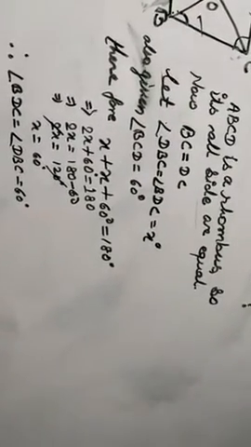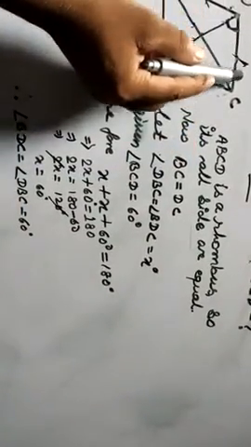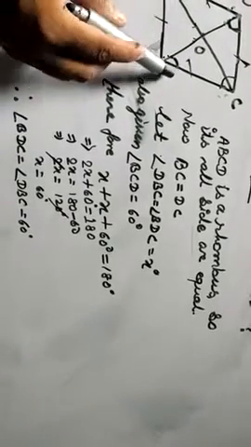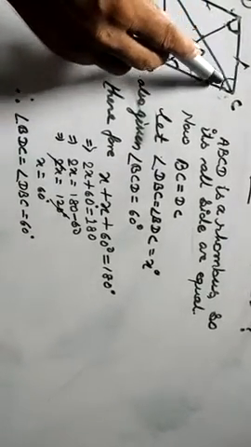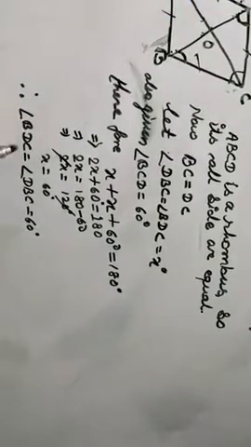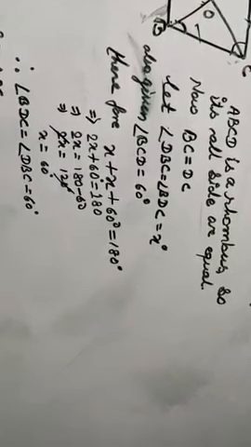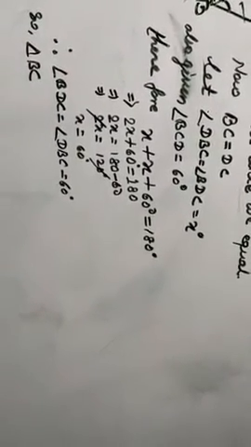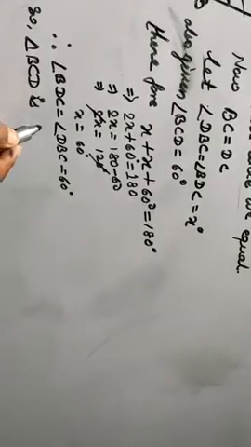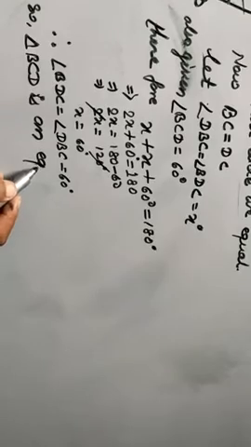Now I am talking about this triangle, students. Then this triangle is an equilateral triangle. So triangle BCD is an equilateral triangle.